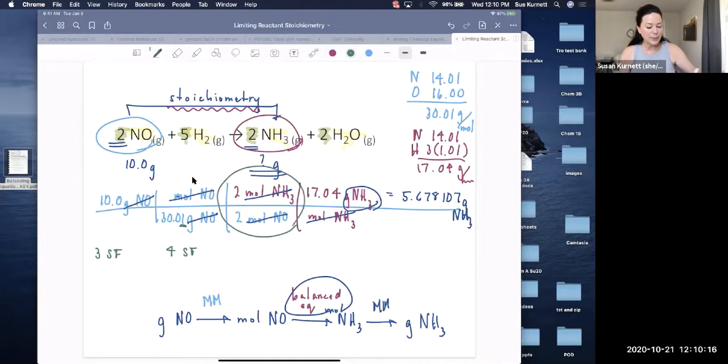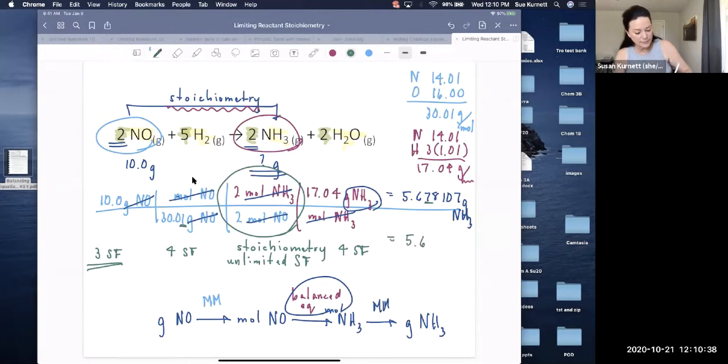This step, which is the stoichiometry step, going from moles of one thing to moles of a different thing, has unlimited sig figs. And then our molar mass for ammonia has 4, so my answer should have 3. 3 is the fewest number. And there's my answer.